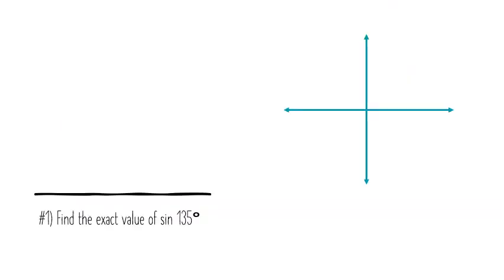Find the exact value, that's going to be, again, fractions and or square roots, of some angle. So that's some angle, 135 degrees. I told you at the beginning of this chapter, you don't have to have things like this memorized, and that's true, but we're going to do some problem solving in order to figure this out.